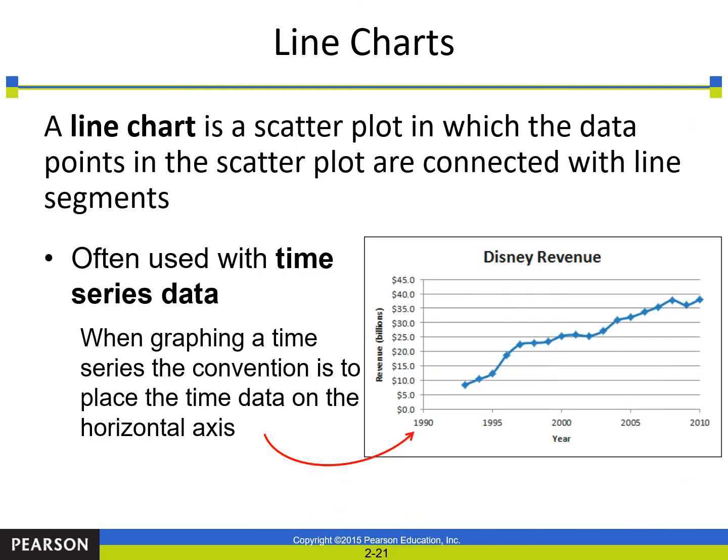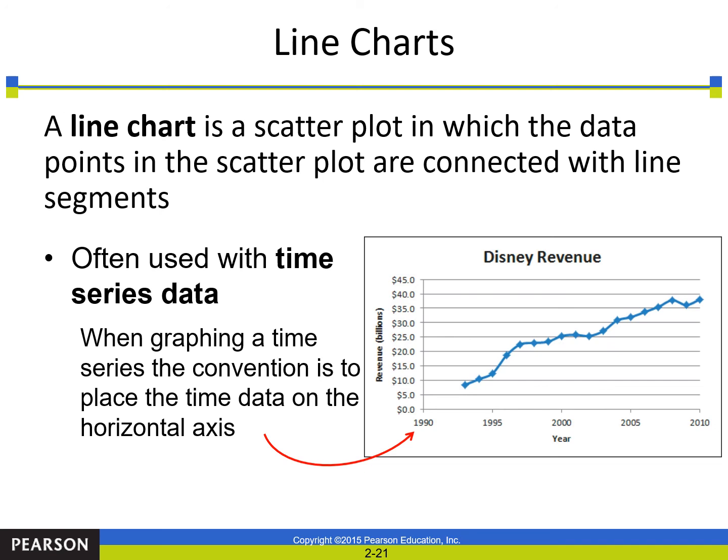The last method of presenting information that we're going to discuss in this mini lecture is the line chart. A line chart is just a scatter plot in which the data points are connected, and we will use this type of graph whenever we're talking about some phenomena that's developing over a period of time.